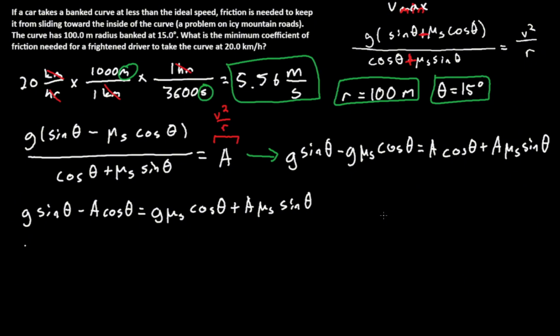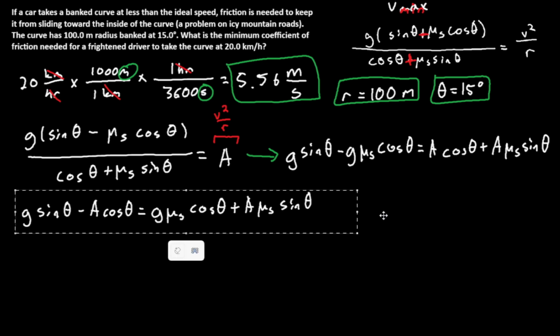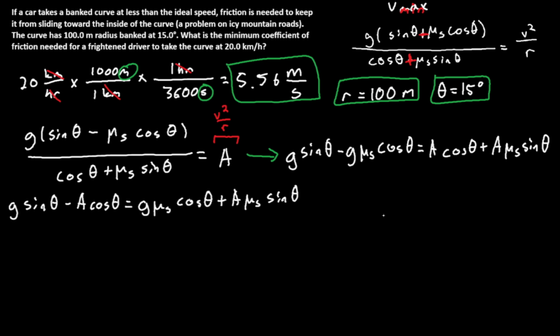So we can factor out mu here. Let's do everything vertically from now on, because I think we have enough space. So we get mu of s times gravity cosine theta plus a sine theta. And we can divide both sides by this term right here to isolate mu.